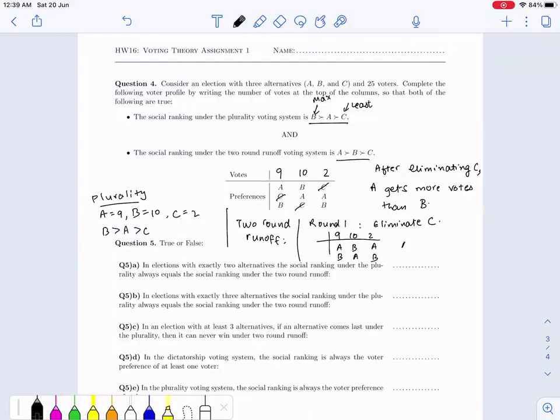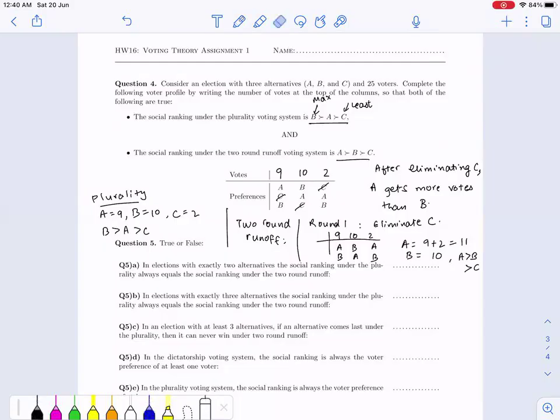And now A gets 9 plus 2 top votes, which are 11 top votes, whereas B gets just 10. So now A wins over B and B wins over C, which was eliminated. So this is one way you could do this.